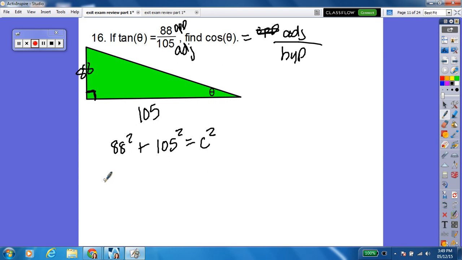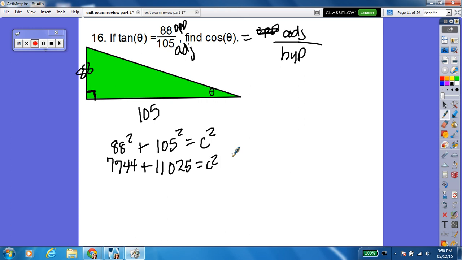So let me grab my calculator real quick. Here we get 7744 plus 105 squared, which is 11025, equals c squared. I'm going to add those two together.